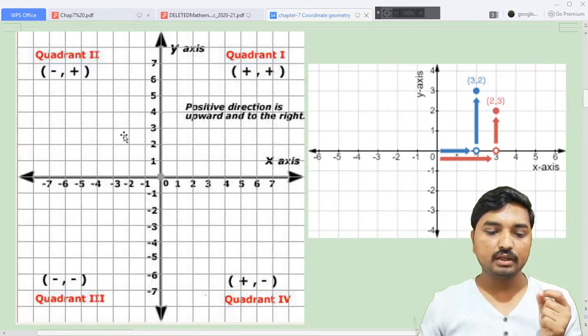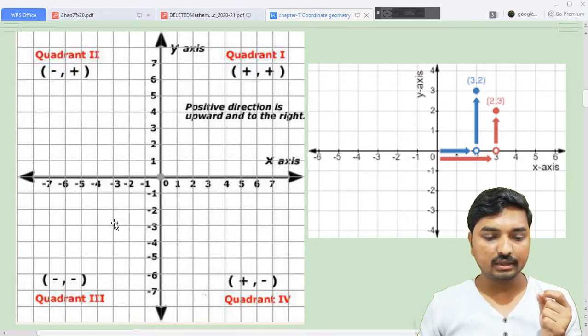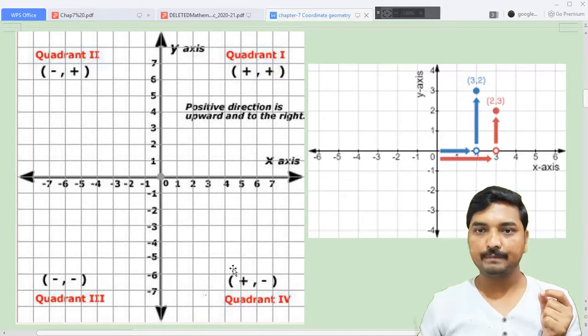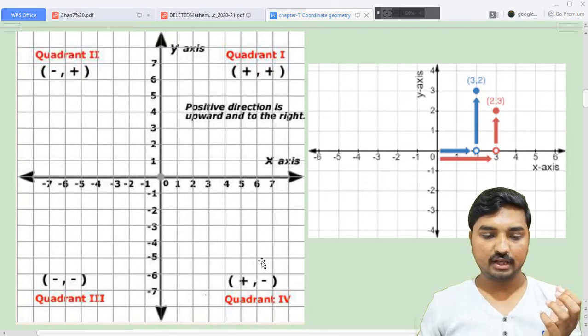If you move further in the anti-clockwise direction, this is the second quadrant. If I continue like this, I move on to here, and this is the third quadrant. And if you move like this, at last I come here, and this is called the fourth quadrant. So first remember the different quadrants: first, second, third, fourth.